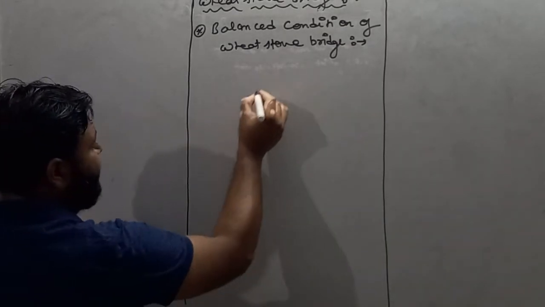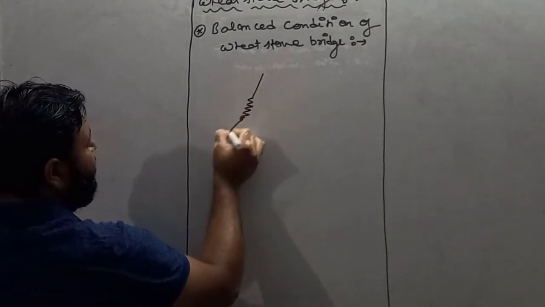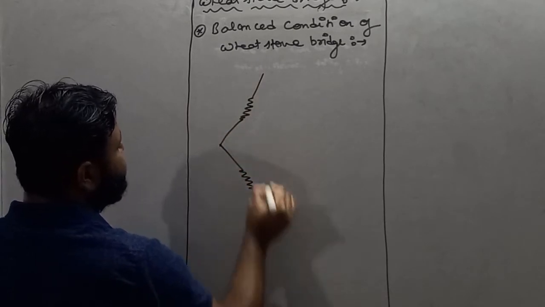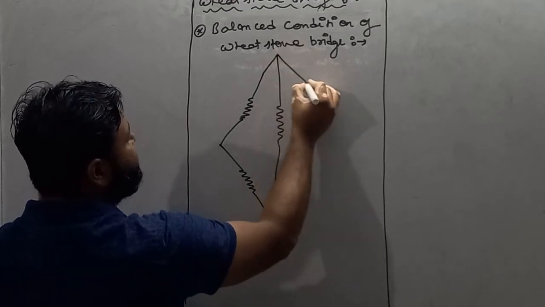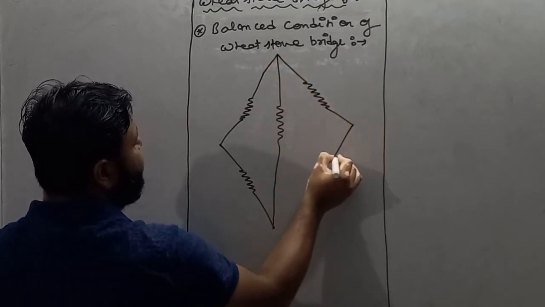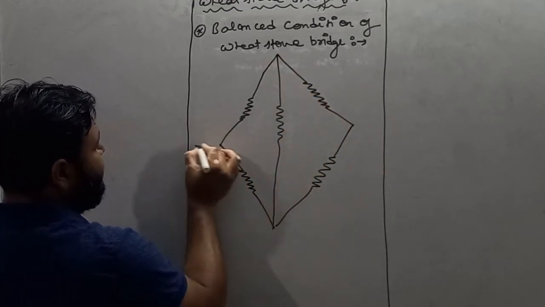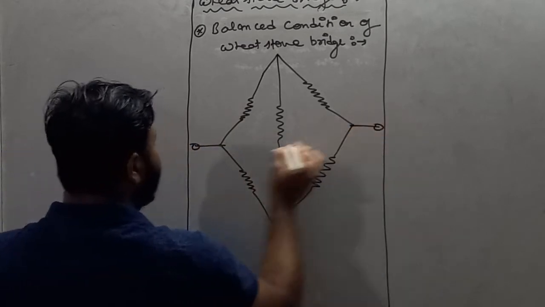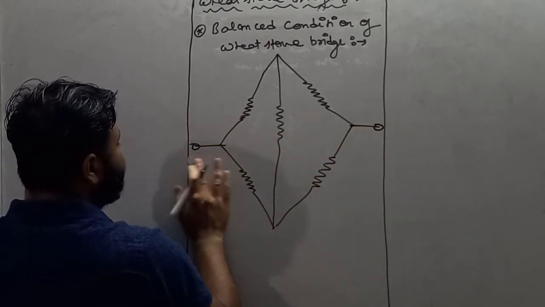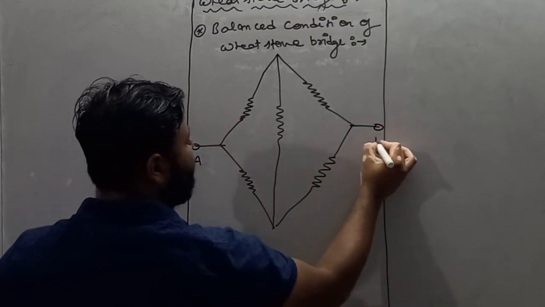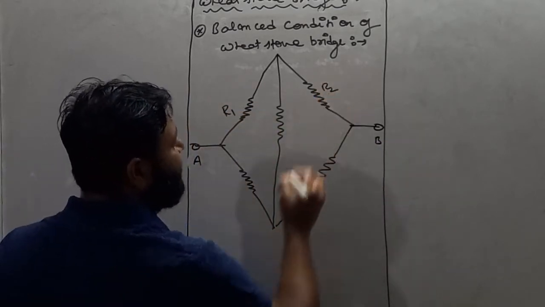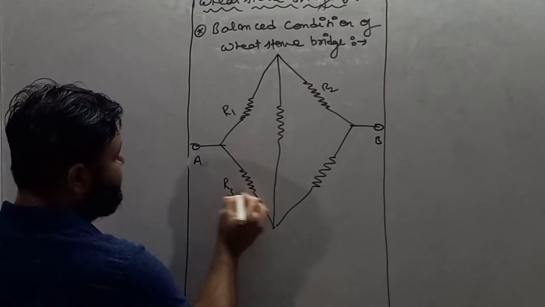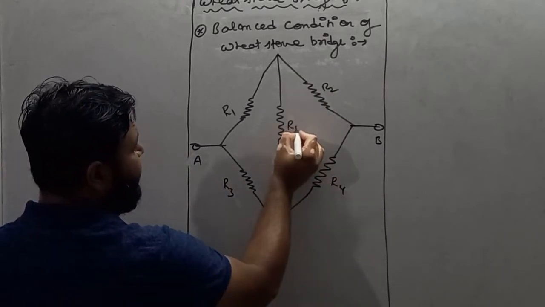So let's suppose, my dear student, we have a combination of 5 resistors, and we know that if 5 resistors are present in a circuit, then the circuit is said to be a Wheatstone bridge. Now check it out, what is the balance condition of the Wheatstone bridge. So let's suppose this is the R1 resistor, this is your R2 resistor, this is R3, R4 and R5.